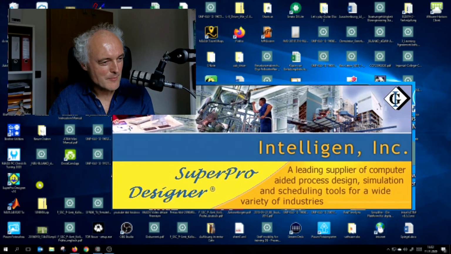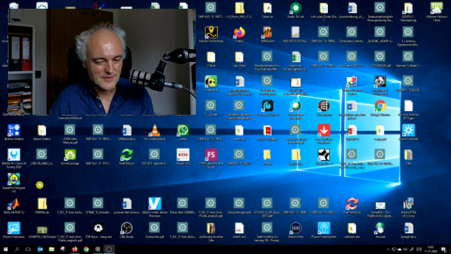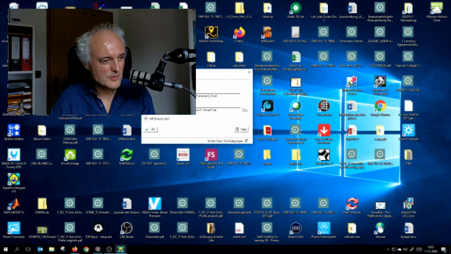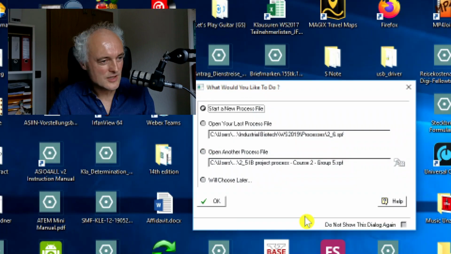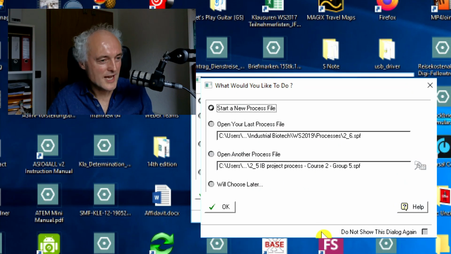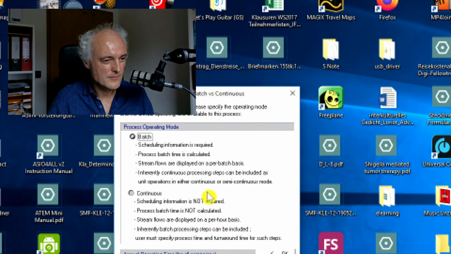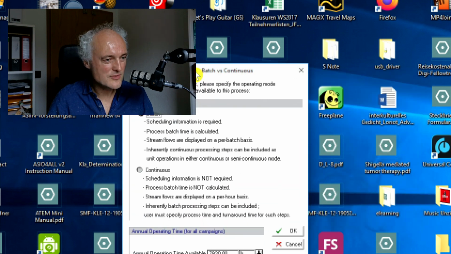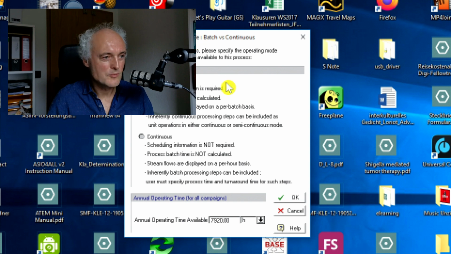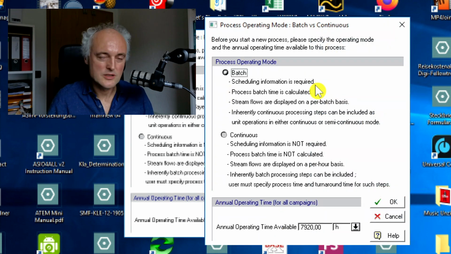You see my screen. And now the first question which is asked is, what would you like to do? Start a new process file, open your last process file, open another process file, or choose later. Of course, in this case, we start a new process file. And now the next question is, what process operation mode do I want?